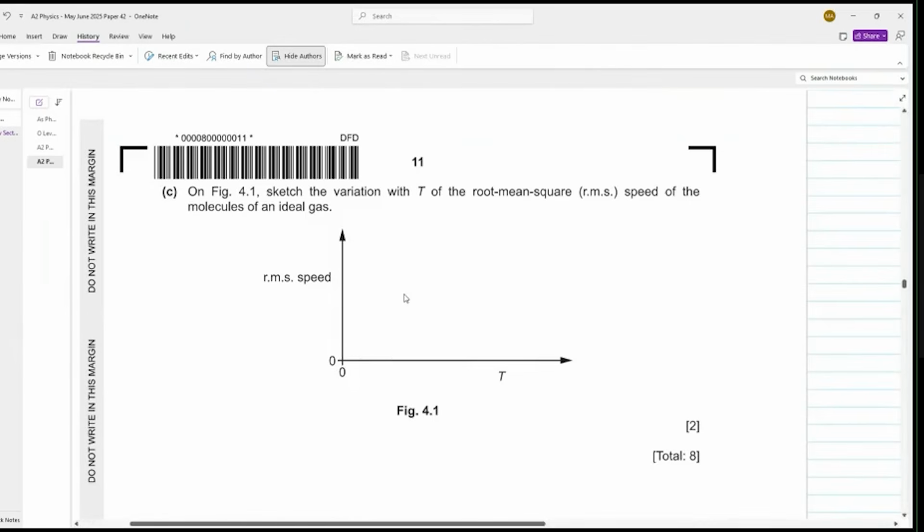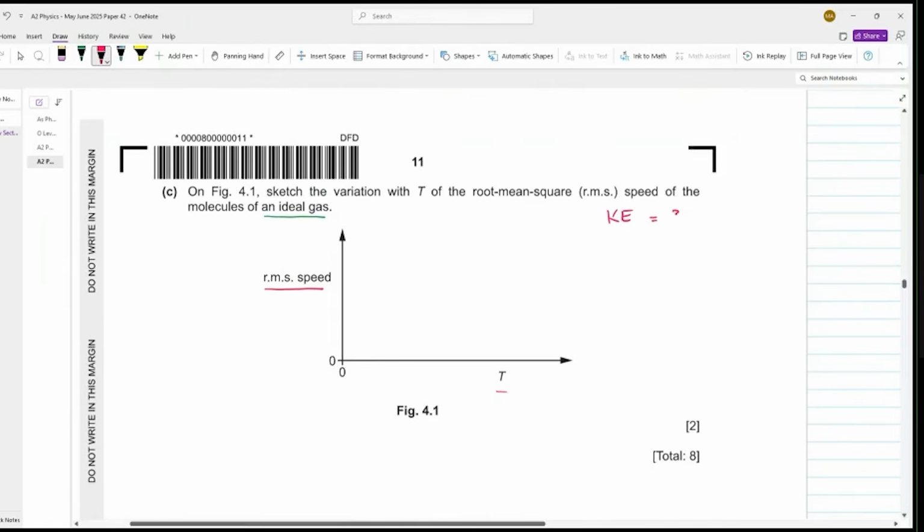Let's further move ahead. On figure 4.1, sketch the variation with time t of the root mean square speed of the molecules of an ideal gas. Okay. So you have to draw a graph of CRMS versus temperature. Very, very easy. Kinetic energy is equal to what? 3 over 2 kT.